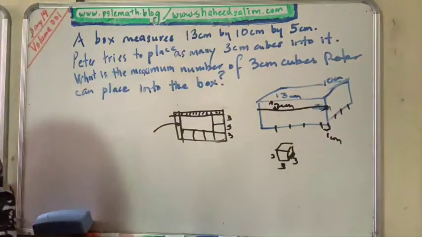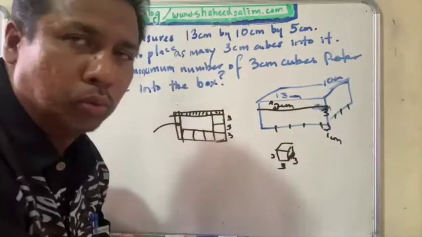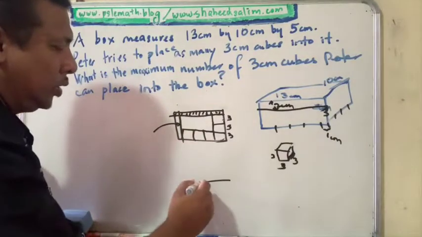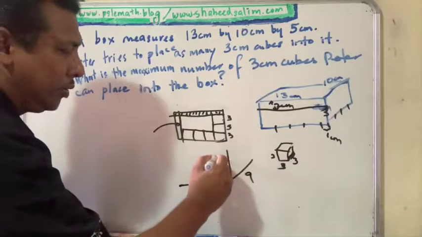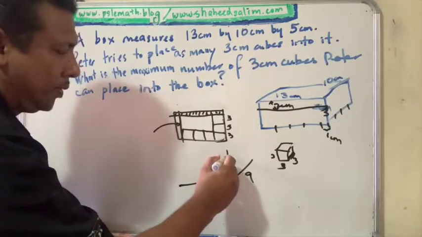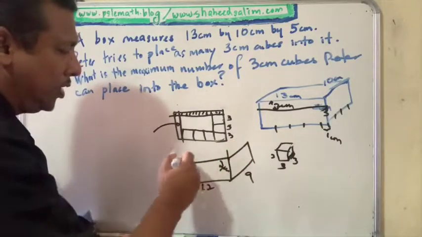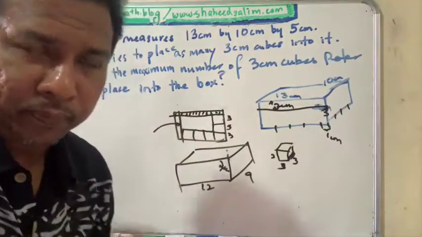So in actual fact, you are only using 3 cm. The other 2 cm is unused. So the actual dimensions of the box that you will be using are 12 by 9 by 3.